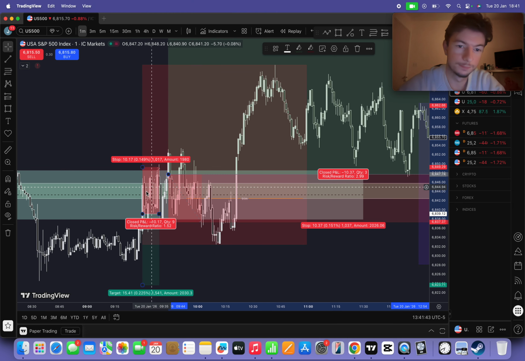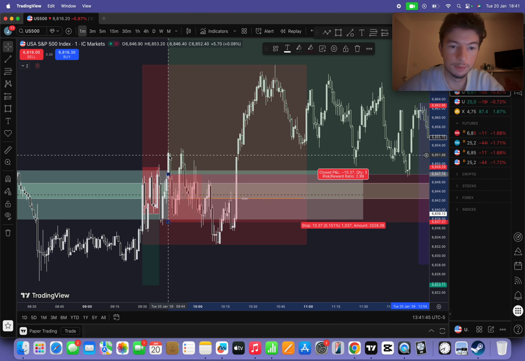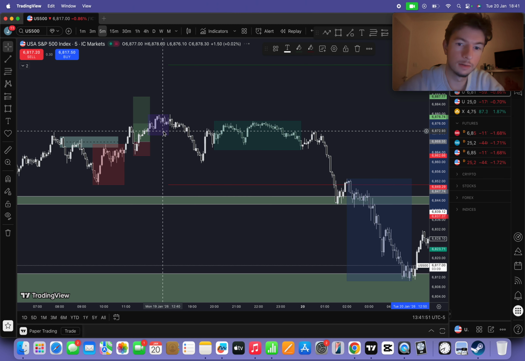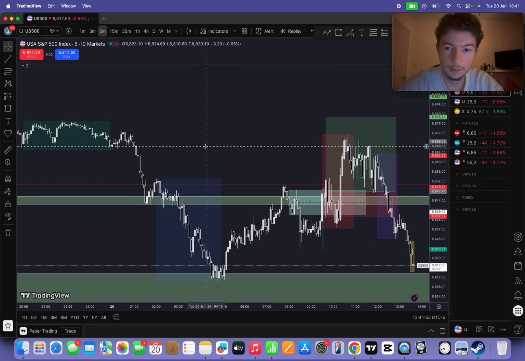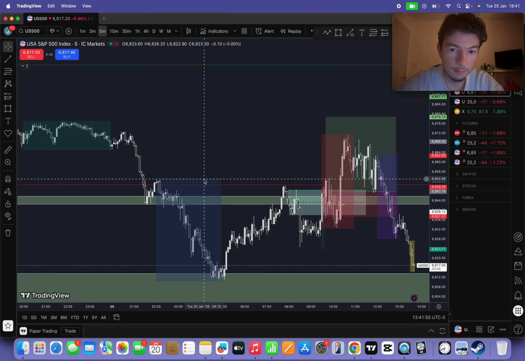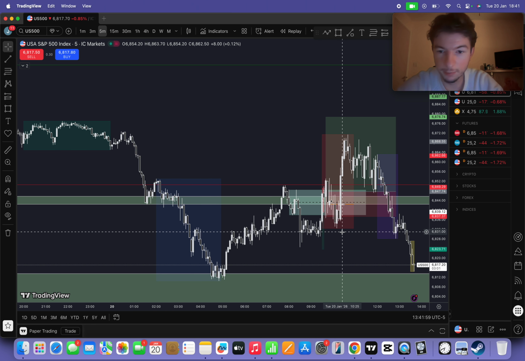Okay, so we're in. Get an initial push up, price comes straight down, and at this point, pushed up, is in about £60 profit. Price trades up above the London high, internal high gets swept, and we come back down.